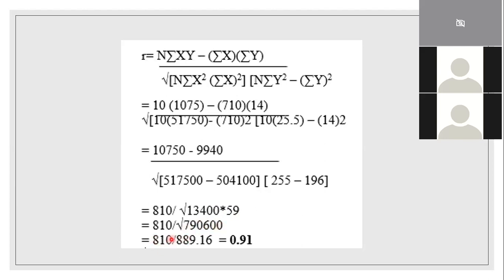So it's now going to be 810 divided by the square root of 790,600, which works itself out to be 889.16. And when you divide 810 by 889.16, it gives you a correlation coefficient of 0.91, which again would fall into the category of very strong.